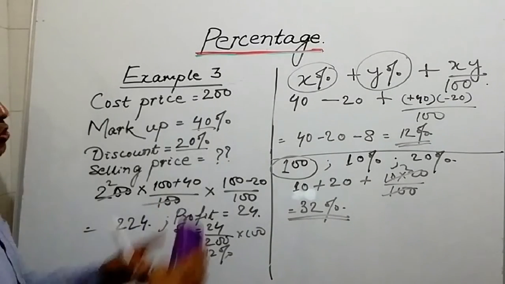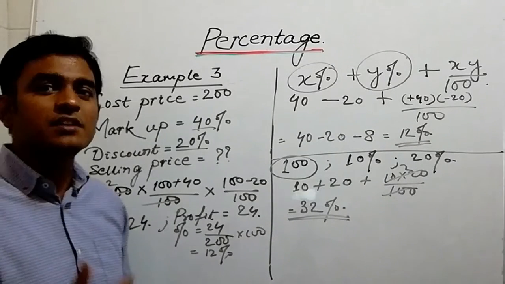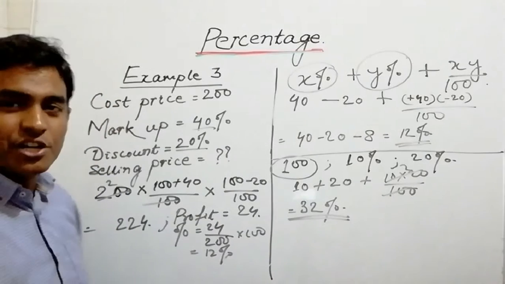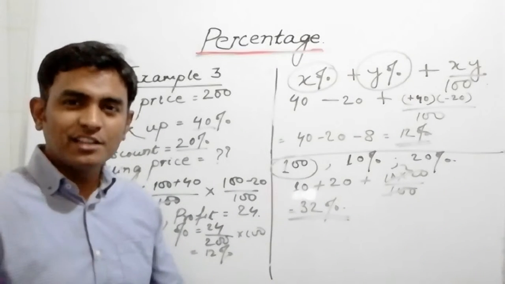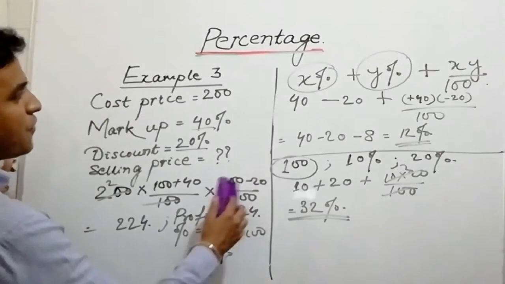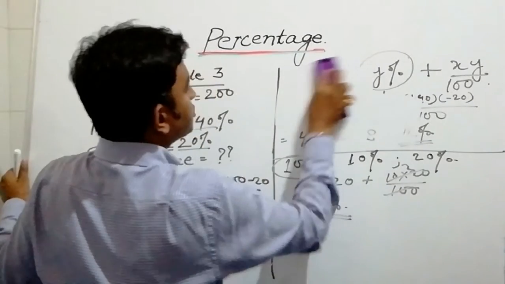Suppose यहाँ पे जैसे दो steps हैं. Suppose there are 3 increases. That is initially x%, उसके ऊपर again y%, then again z%. तो उस केस में आपका फॉर्मूला क्या हो जाएगा? आपका फॉर्मूला चेंज हो जाता है.